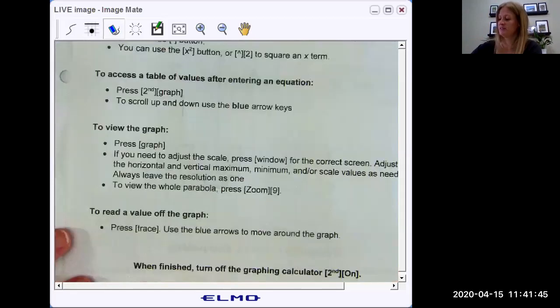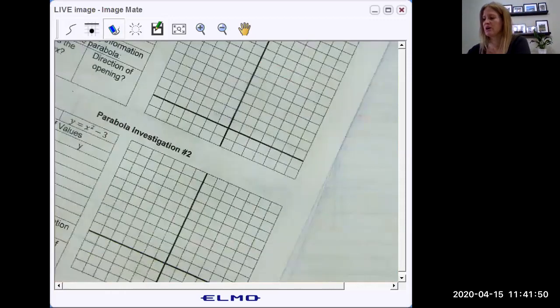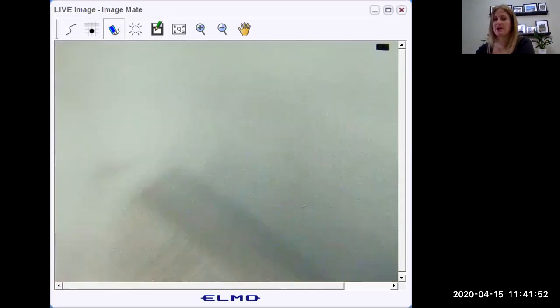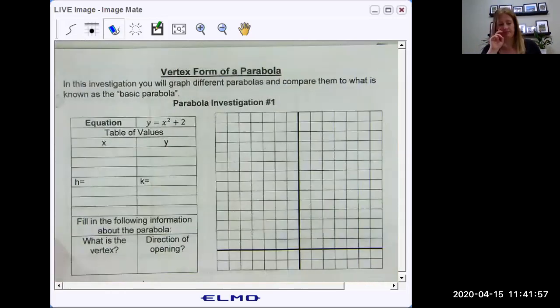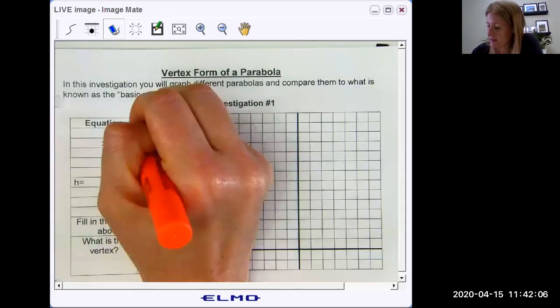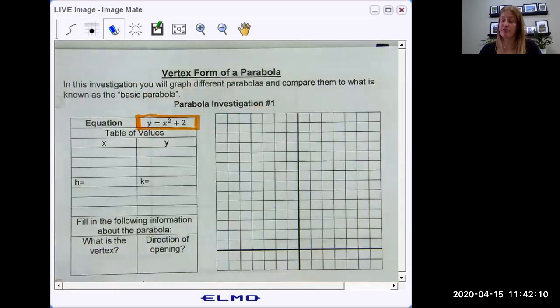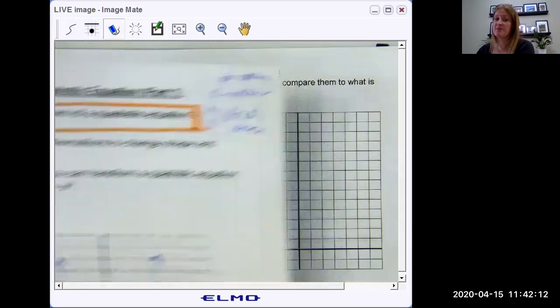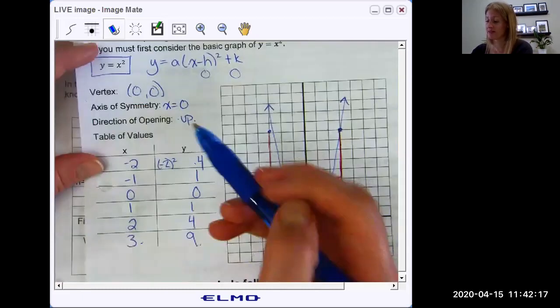Flip the page. We don't need any of this graphing calculator instructions. We're going to go on to vertex form of a parabola and do a little investigation together. We are given an equation slightly different than the one we just worked with. For the sake of time, guys, maybe keep this table handy, because here, this is y equals x squared.